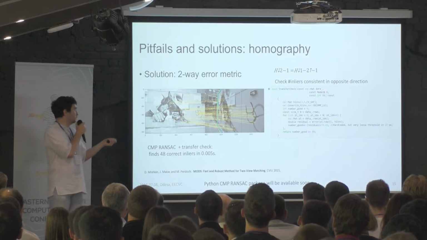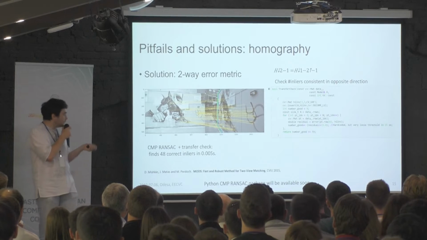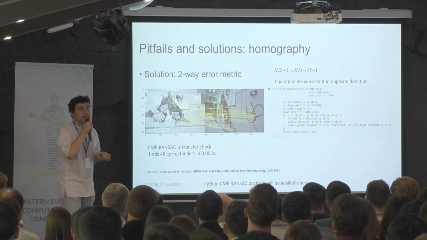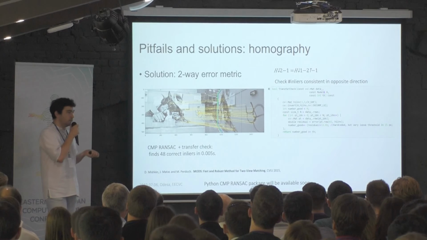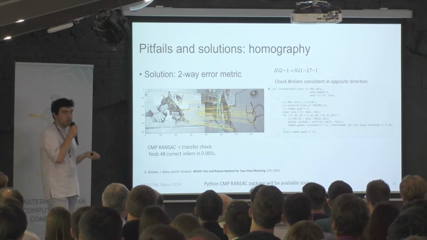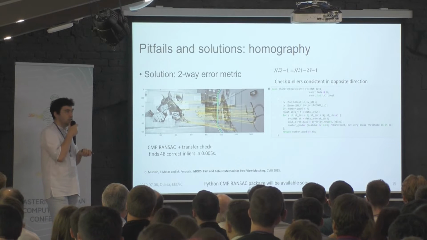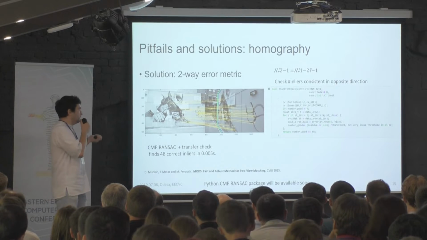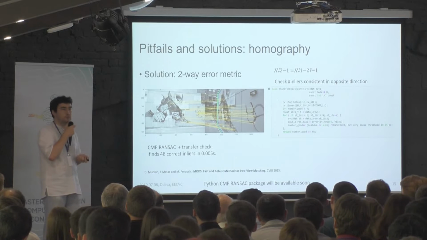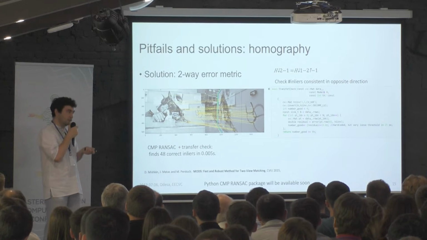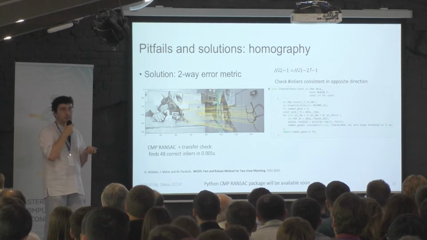This is how to implement it, and you don't need to implement it yourself. We will release a Python package with our RANSAC soon, so stay tuned. This is not something you would get published, but it is something you actually care about if you do this in practice.